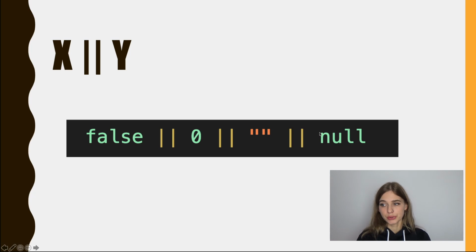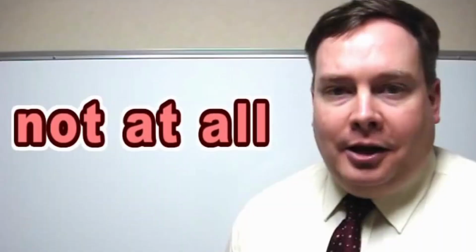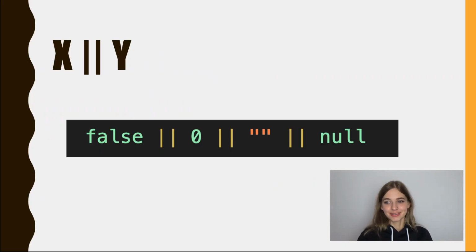The program stops at the second value, so it always takes the last one when both are false. I hope I'm not overcomplicating this. Not at all. If you put that in your console and analyze this for yourself a little bit later on, you'll see that I'm speaking the truth.